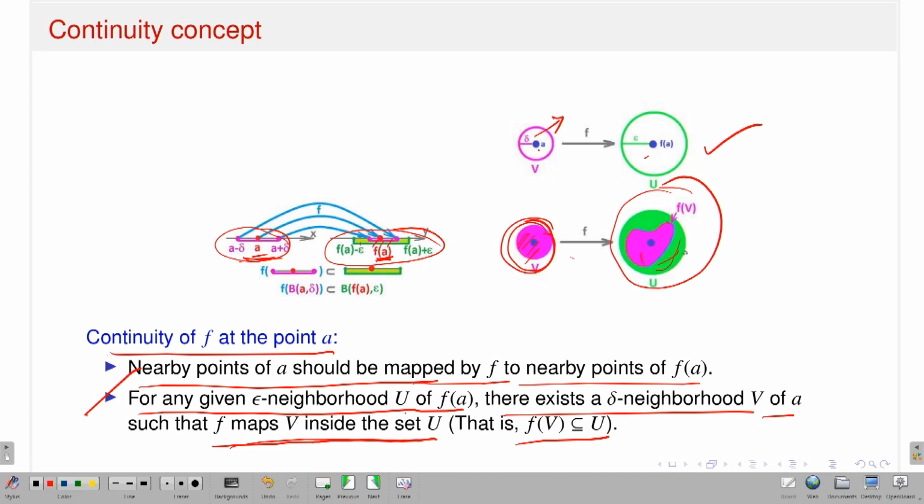This is my epsilon neighborhood U of f(a), the green one. Given that neighborhood, there should exist a delta neighborhood V, the pink one, such that f maps the whole set V into f(V), and f(V) should be fully contained in U. That is exactly what I have drawn here.